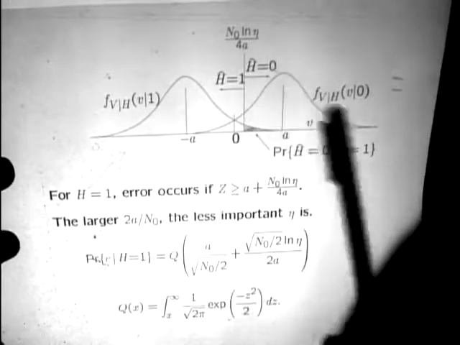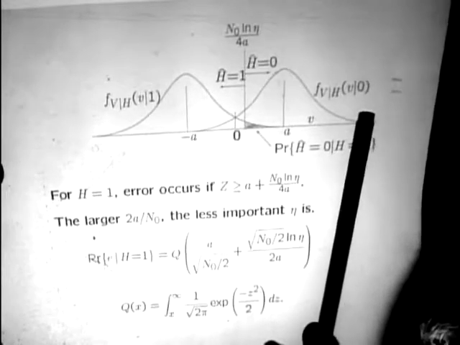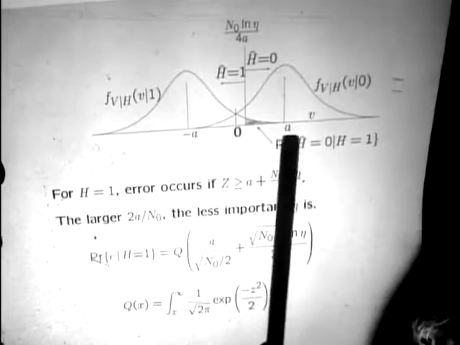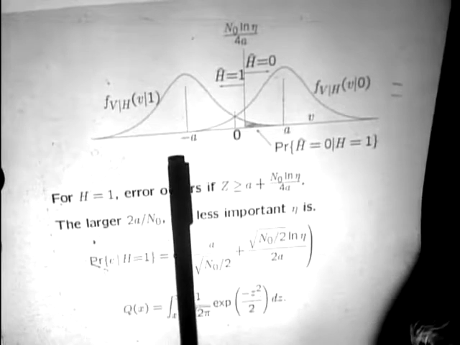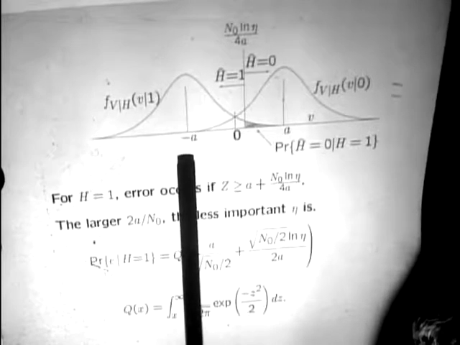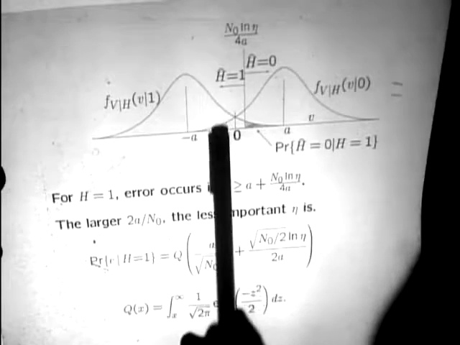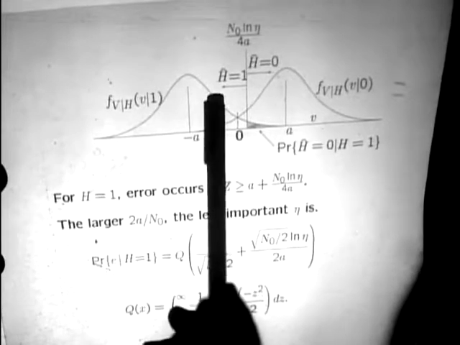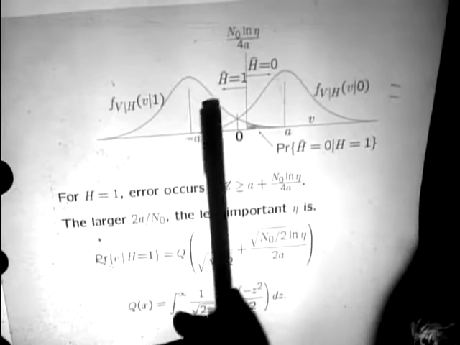Okay, this is the likelihood, the probability density of the output given that you sent a 0, namely that you sent plus A. So we have a Gaussian density, this bell-shaped curve, centered around plus A. If you sent a 1, you're sending minus A, 1 gets mapped into minus A, and you have the same bell-shaped curve centered around minus A. If you receive any particular value of V, suppose you receive a value of V here, you calculate these two likelihoods. One of them is this, one of them is that. You compare their ratio with the threshold, and you make your choice.